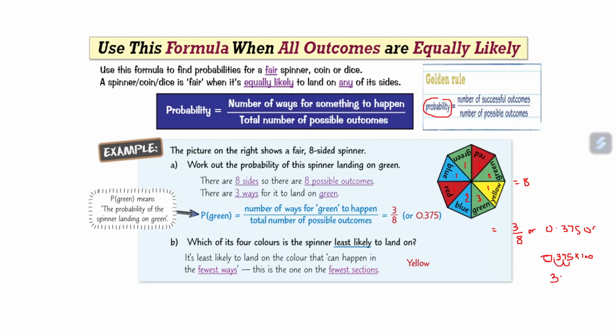So that will be 37.5%. I repeat, probability answers can either be in fraction, decimal, or percentages. So let's move on to the next slide.